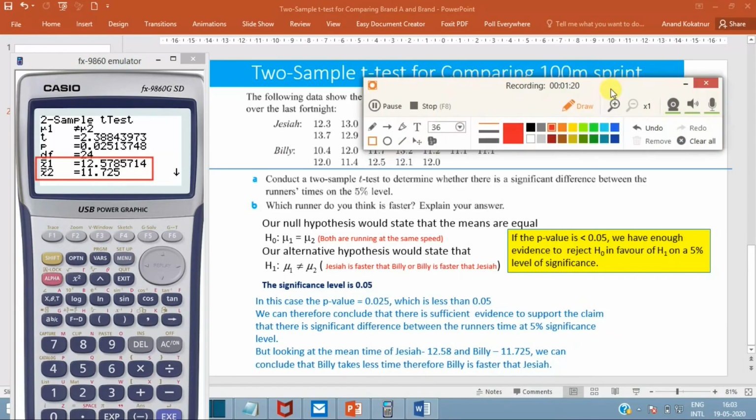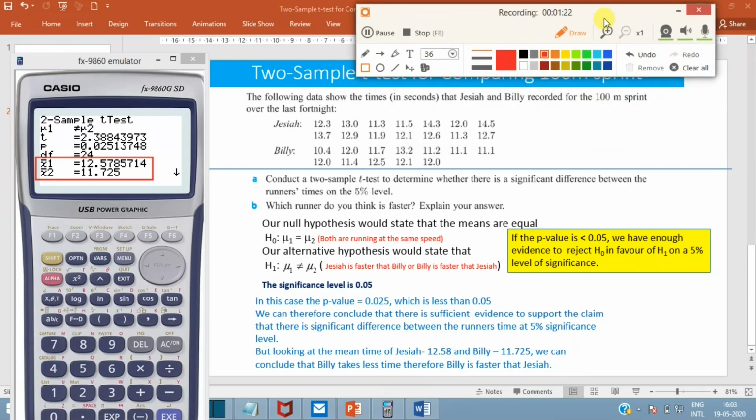So if we take those two values into consideration, you can see that Billy takes less time, therefore Billy is faster than Jessia. And your explanation would be based on the mean time that the calculator has calculated for these two athletes.